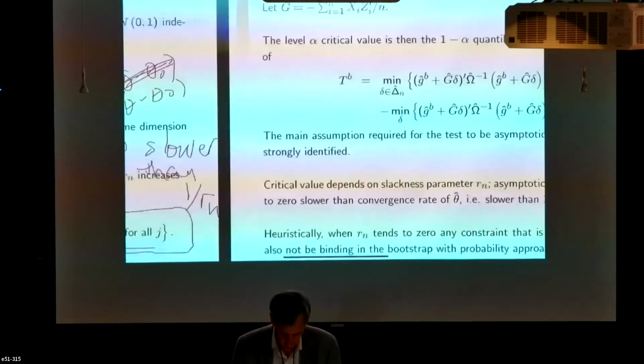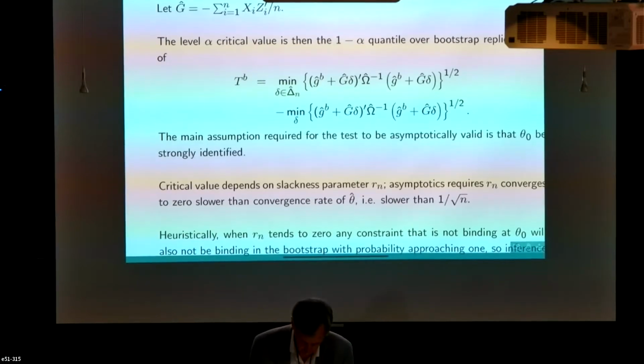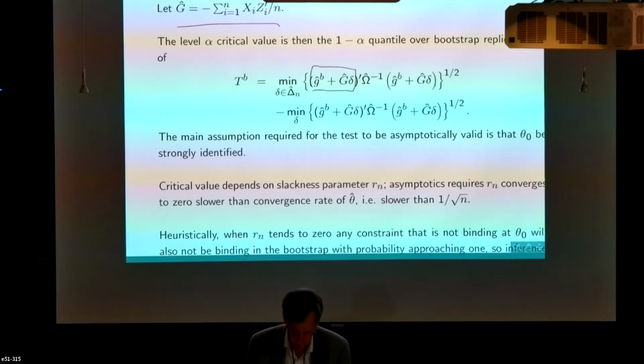So there's the local parameter space again. This is the local parameter space. And G hat, in the sample we have, is the derivative of the moment functions with respect to theta. That's minus the sample average of x_i times e_i. And then these are the bootstrap versions of the moment functions.